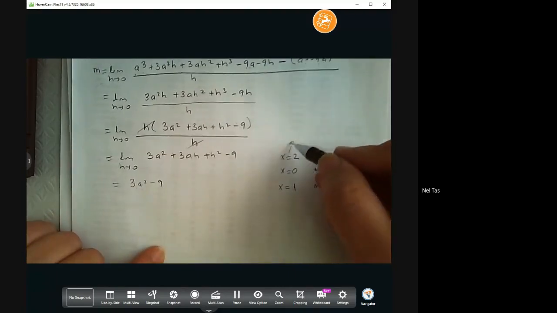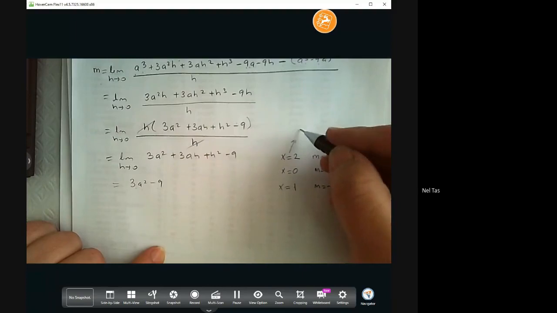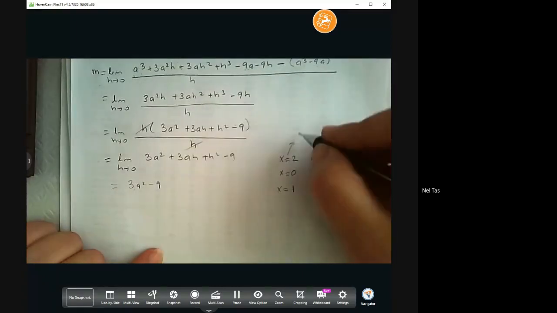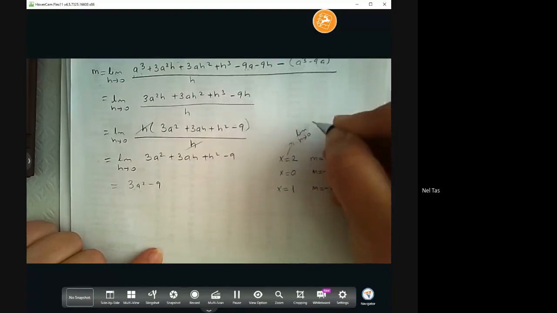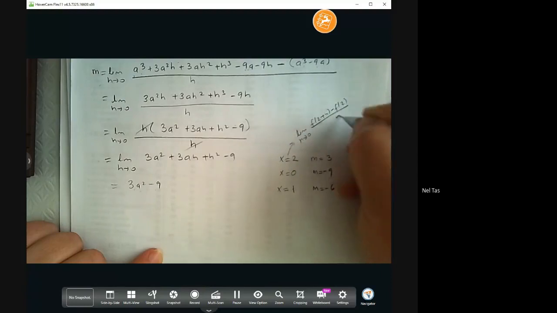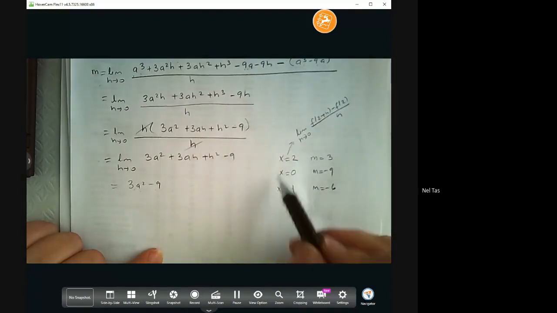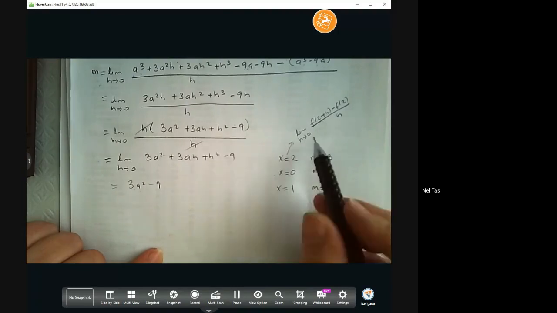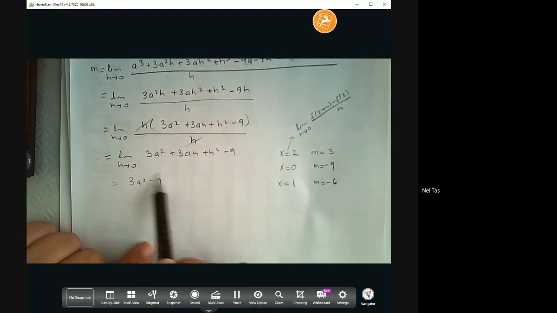Okay, so you don't have to do, let's say for x equals 2, the limit to calculate the slope. You have to do the limit as h approaches 0 of f of 2 plus h minus f of 2 over h, right? Or for x is 0, you have to do the same thing. For x equals 1, you have to do the same thing. But when you have a general formula, you don't have to do them anymore.